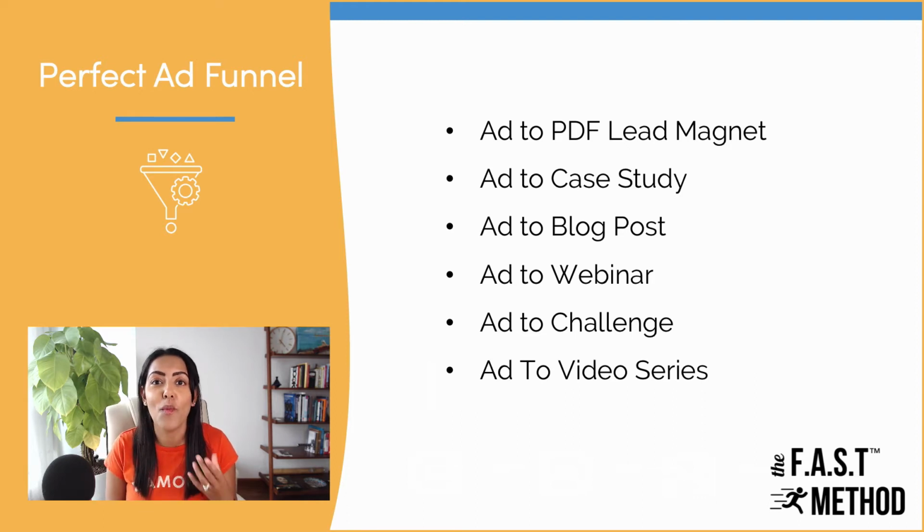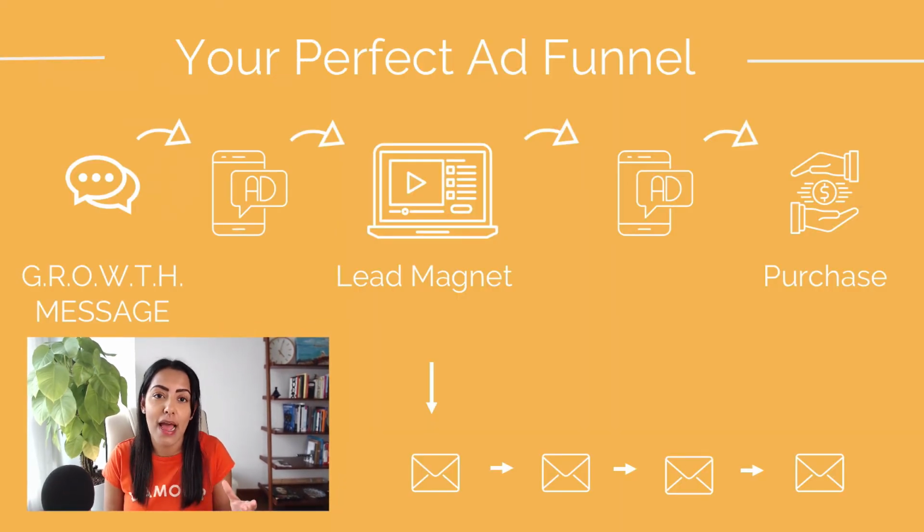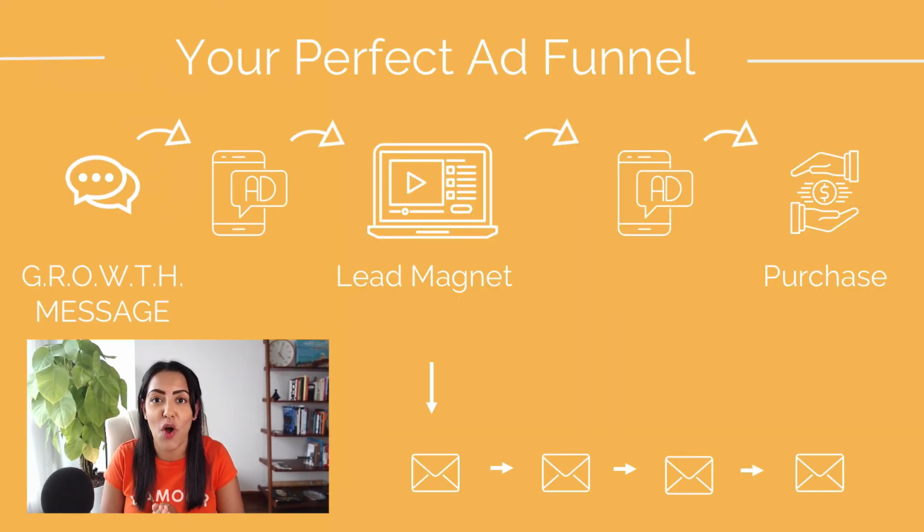Now, I have a way of you standing out with the message that you are going to share on that first ad, when people are just getting to know you and have no idea who you are. So that first ad is going to contain what I like to call a growth message, all right?